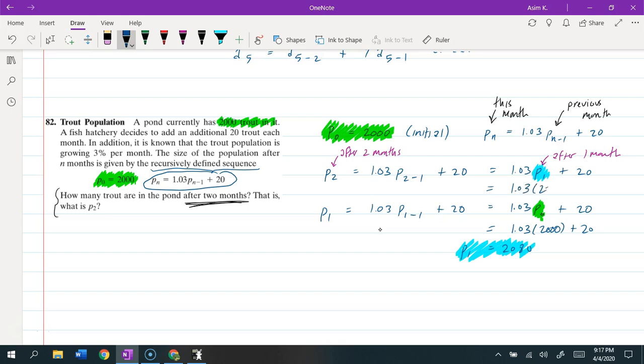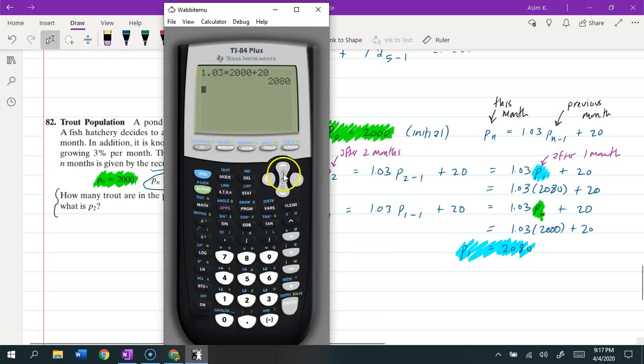1.03 times 2,080, add 20. So even though we're going in a forward fashion, to find the next number, you need to know the previous number. So that's why we're writing kind of from the finished result back the other way. And so now when you type this in, we can just take that old input and change that 2,000 to a 2,080.